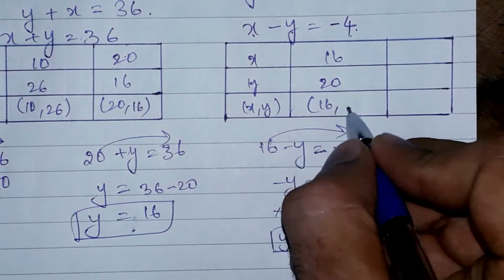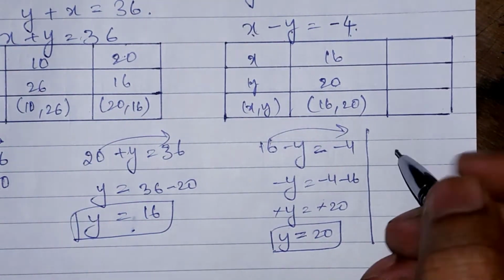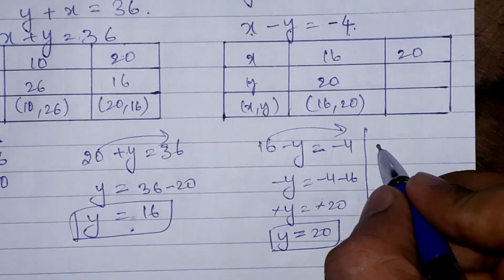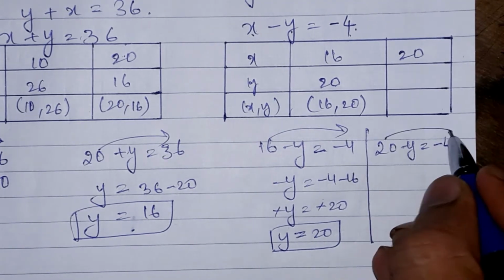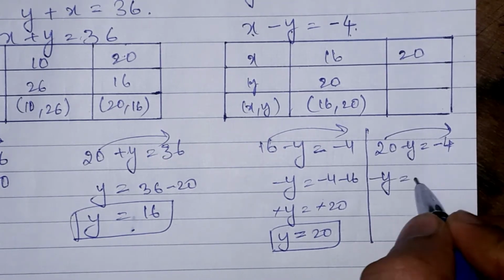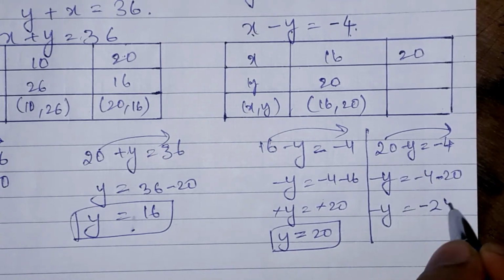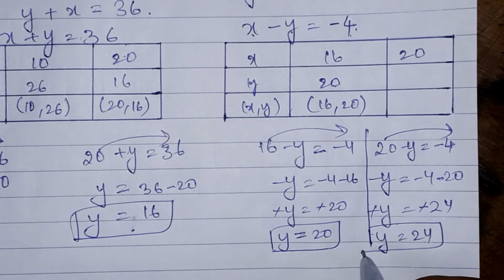So 16 comma 20. Let us see some other number, like if we are substituting 20, we get 20 minus y is equals to minus 4. So 20 goes to that side. Minus y is equals to minus 4 minus 20. So minus y is equals to minus 24. Minus minus cancel, y is equals to 24.